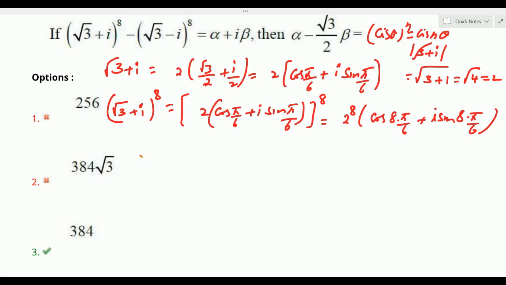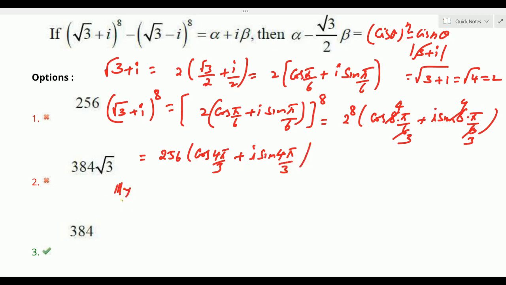Okay, now 2 power 8 is 256. 256 times, 8 into pi by 6, 2 4s, 2 3s, this is cos 4 pi by 3 plus i sin 4 pi by 3. Okay, this is root 3 plus i whole power 8.